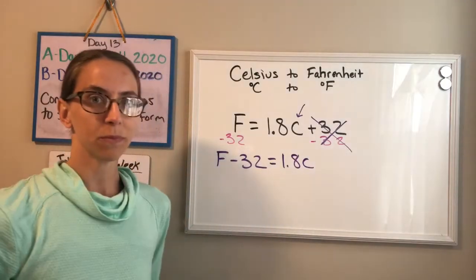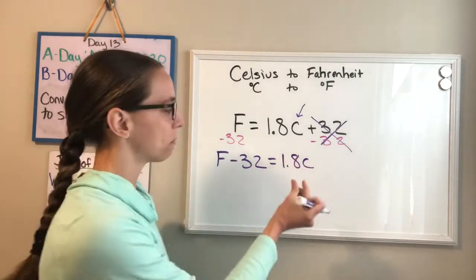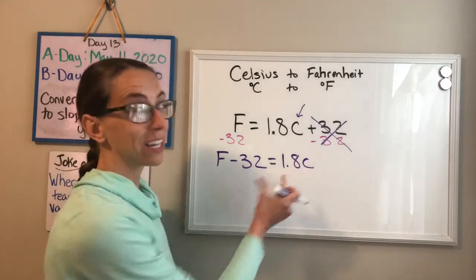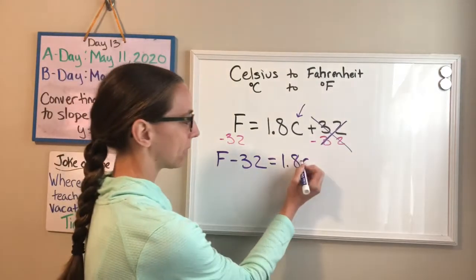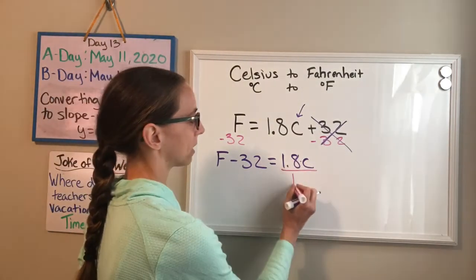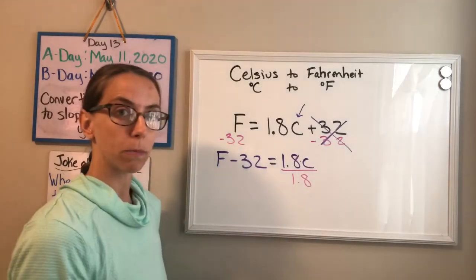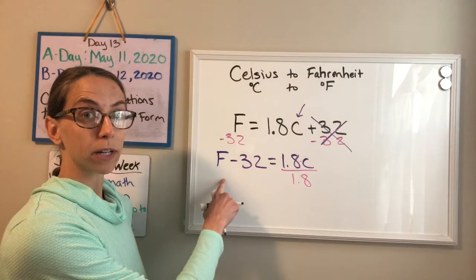1.8C. So slowly we're getting C more isolated, except we have one more thing, that 1.8, and even though that's a decimal, I know I don't want to stress you out, it's the same thing as multiplication. So the inverse of multiplying would be dividing both sides of my equation by 1.8. Except when I say both sides, there's actually two terms over here.